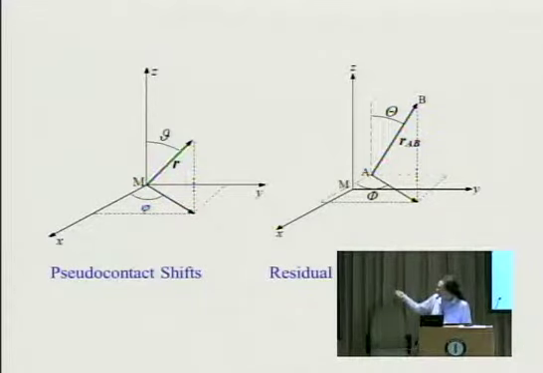So pseudocontact shifts have a reference frame with a given origin, that is where the metal ion is, whereas the residual dipolar couplings are functions of the same coordinates in terms of angles that are distance independent. And this will become important later, actually.